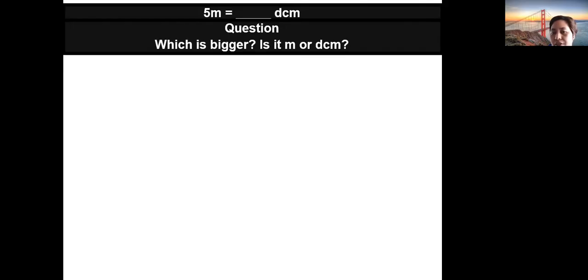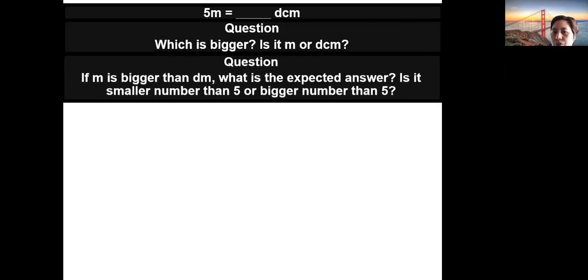The answer here is, of course, meter is a bigger unit than decimeter. Next question: if meter is bigger than decimeter, what is the expected answer? Is it a smaller number than 5 or a bigger number than 5?